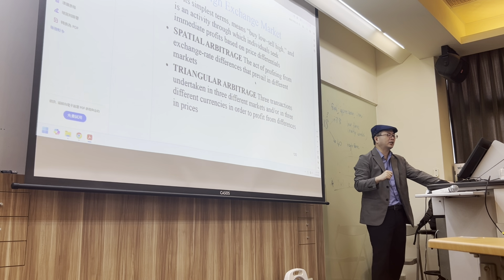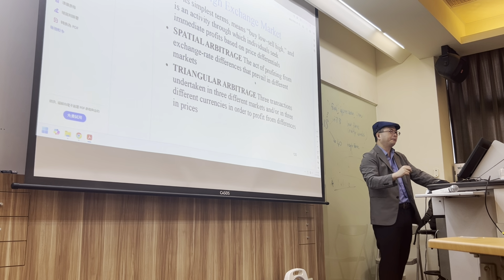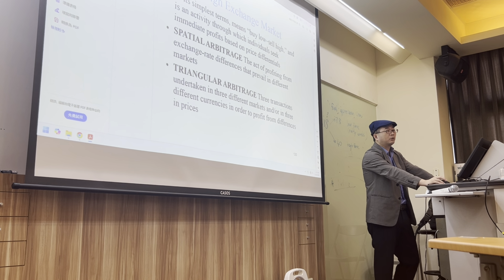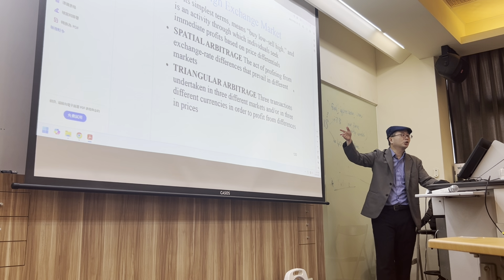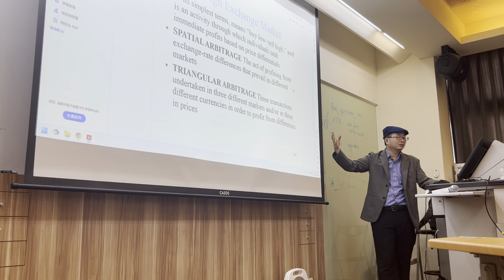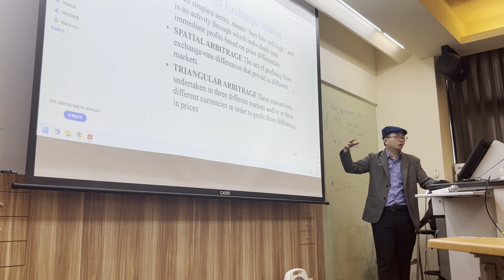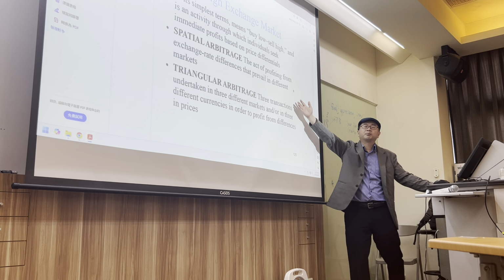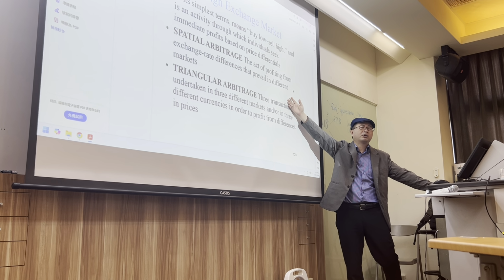One is called spatial arbitrage. This refers to the act of profiting from the exchange rate differences that prevail in different markets. The example I just showed you, with the London market and the New York market, is the perfect example of spatial arbitrage.